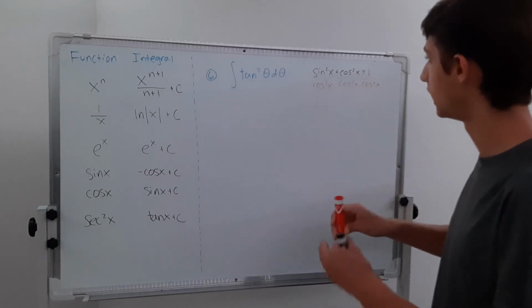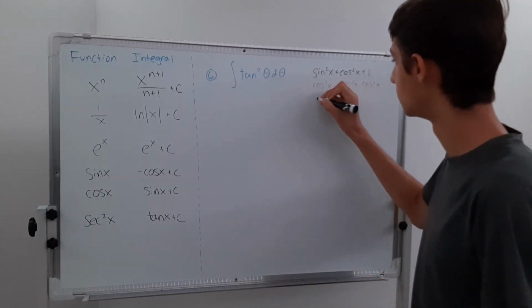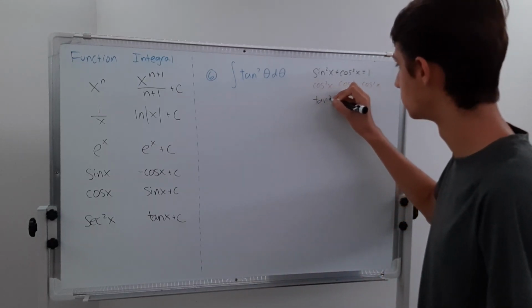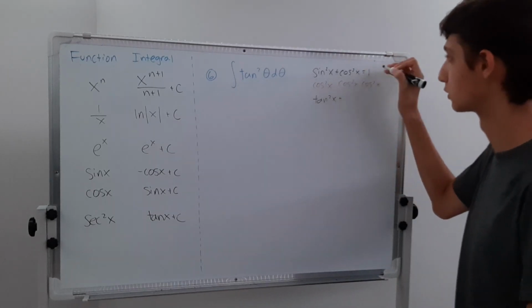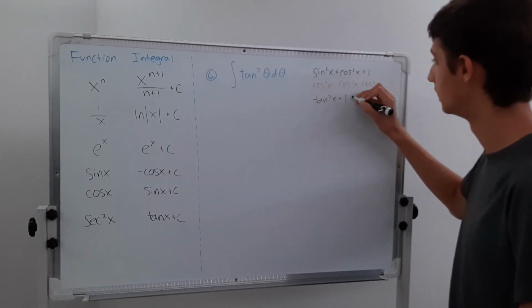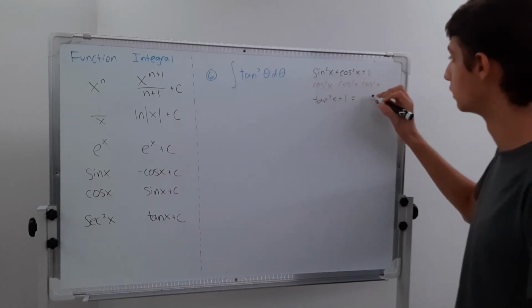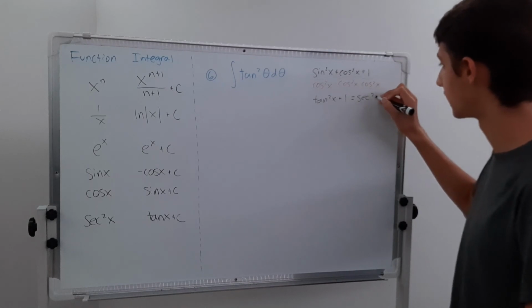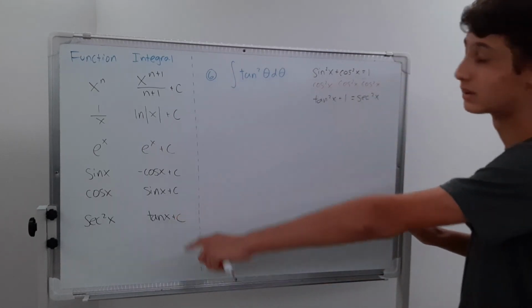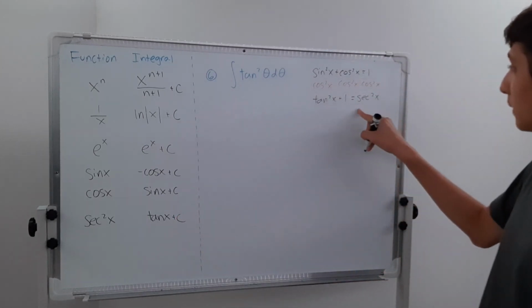We end up with tangent squared plus cosine squared divided by cosine squared is 1. That's equal to 1 over cosine squared x, which is secant squared x. See where I'm going?